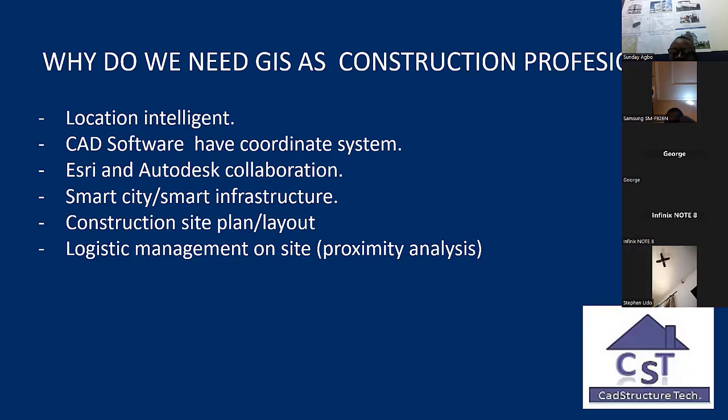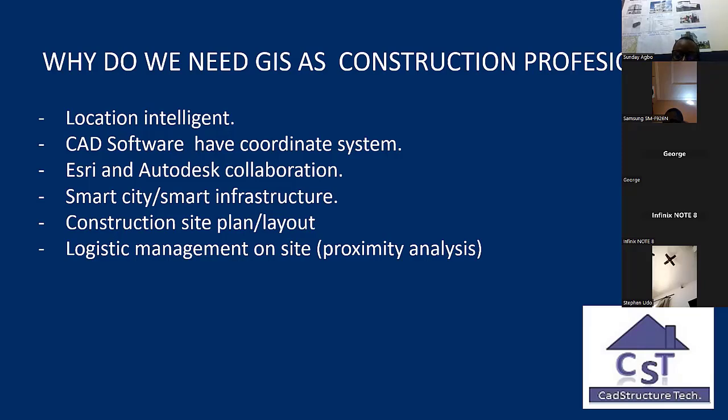So there's a collaboration between these two, on how you can combine building information modeling and the geographic information system, so that we can integrate those two data together. For example, you are doing your 3D model with Revit, and then you include your GIS, which is to say you put locations and many other GIS data into it.